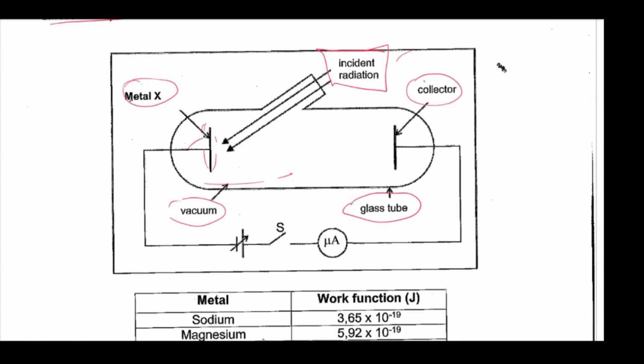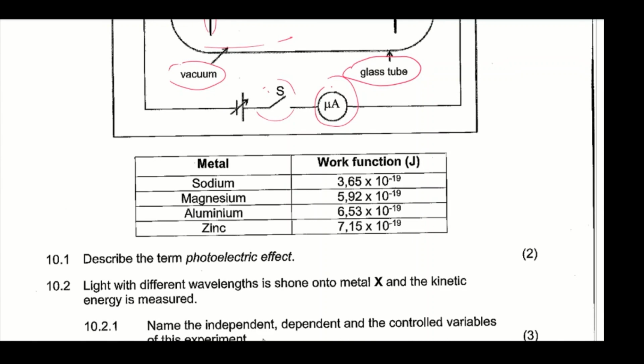The entire space here is a vacuum, and then we have our ammeter there, we have our open switch there. Then these are different metals that are used: sodium, magnesium, aluminium, and zinc. So they have their energies here, different energies.